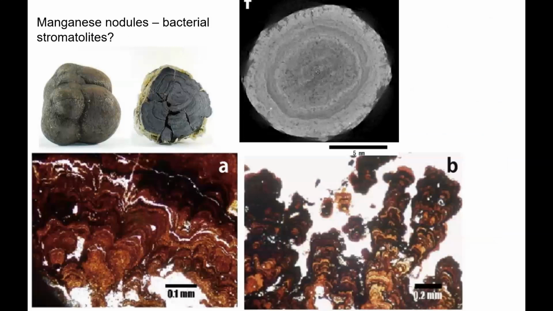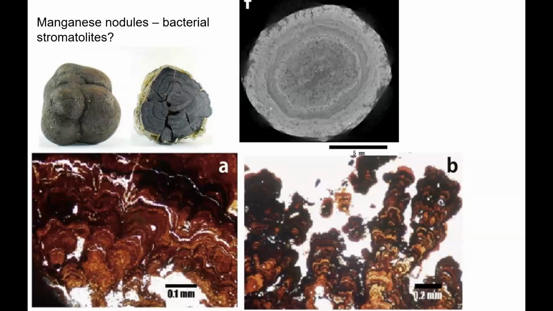And I think this is the last example I'm going to show you, which is one of the weirdest of all, and that is the manganese nodules. Now, you may have seen in the news that there's some disquiet about the idea of hoovering up manganese nodules on the deep sea floor to get at the cobalt and nickel that they've got to power our electric cars or whatever, because it would be an environmental disaster.